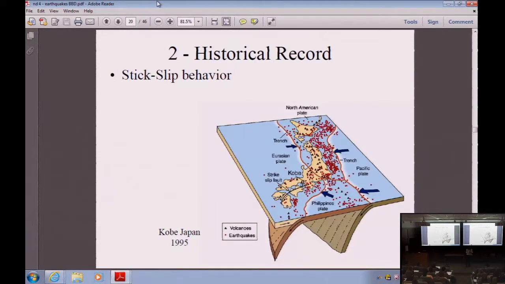No, right? That's the absolute shutdown of commerce and of people's living. So there's a stick-slip behavior. We can tell how often we can expect an earthquake, but that's not going to save lives because we're not going to evacuate areas because of this. So that's historical records, right? Documented earthquakes back through time.